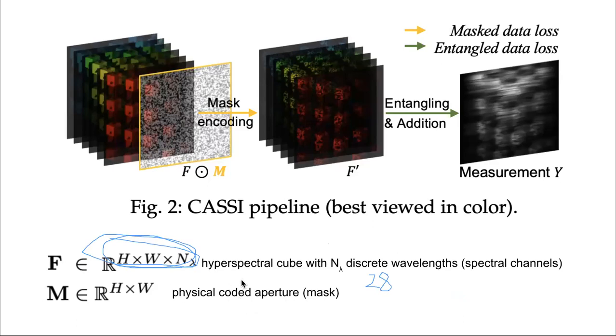Since we deal with software and algorithms, we can go to some other paper to understand the physical coding. But what we should know is the mask. Here is the pixel-wise multiplication, and here is a 2D mask, with the same width and height.